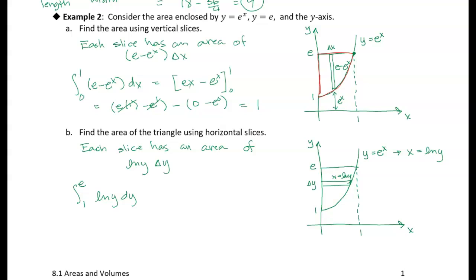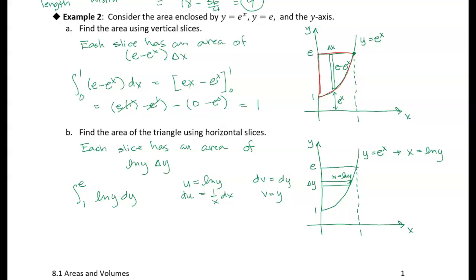All right, now you remember how to integrate the natural log. I don't have this memorized, but it's easy enough to do with integration by parts. So I'm just going to say let u equal the natural log of y, so then du is equal to 1 over y dy. And then dv equals dy, which means then that v equals y.